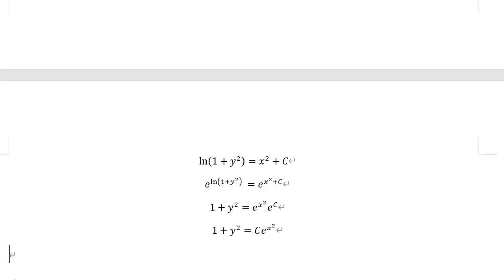And then we still have to solve for y, so I'm going to isolate y squared by subtracting 1. So it's this thing minus 1. Finally you have to take the square root, so that y equals plus or minus the square root of the right side.